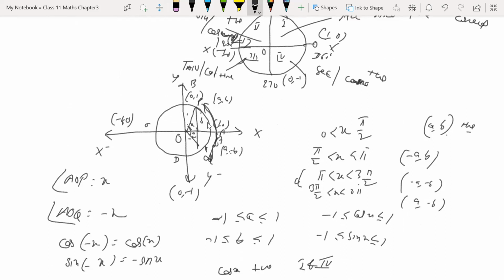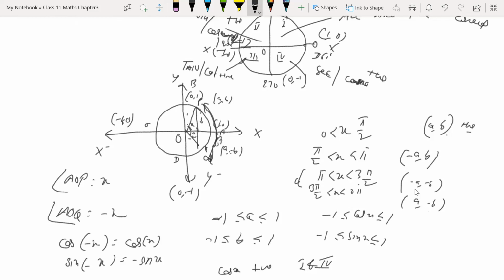Means in the first quadrant, all are positive. But in the second quadrant, cos is negative, tangent is also negative, secant is also negative, cotangent is also negative, but sine is positive.